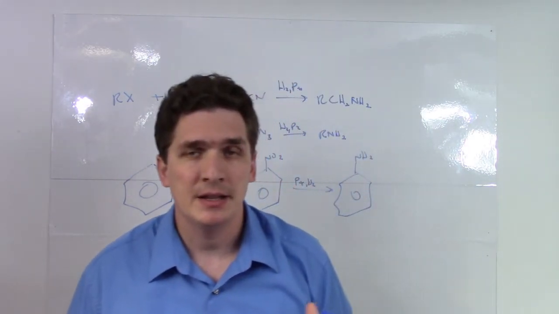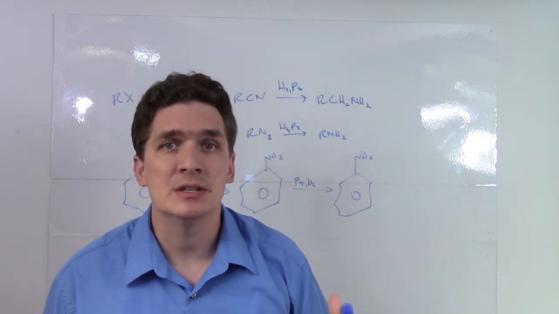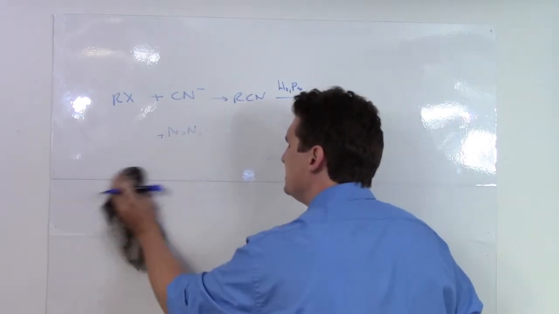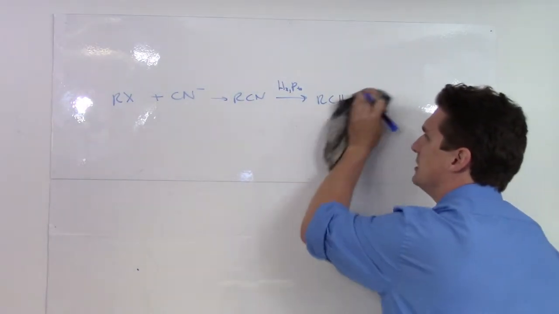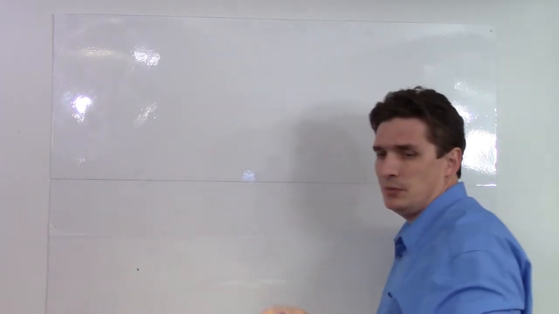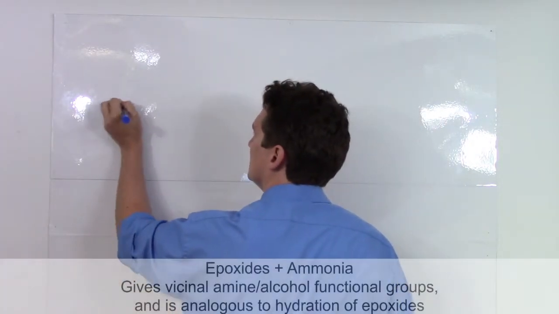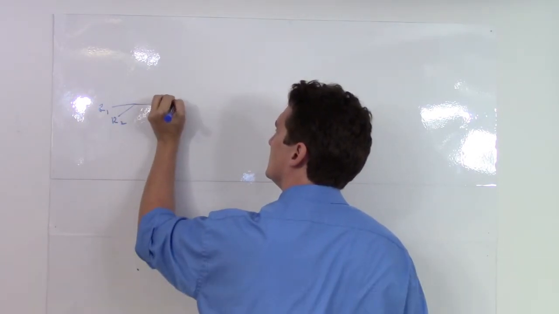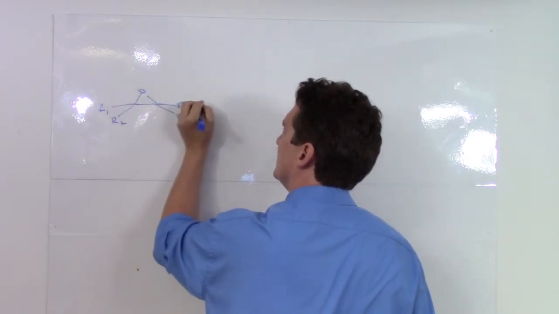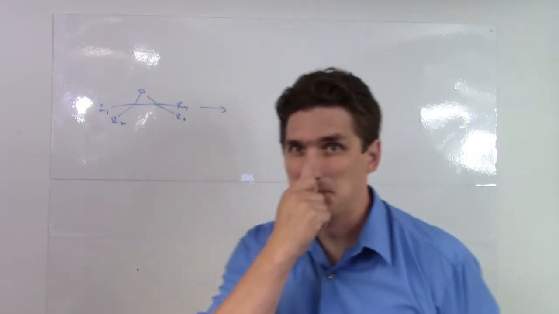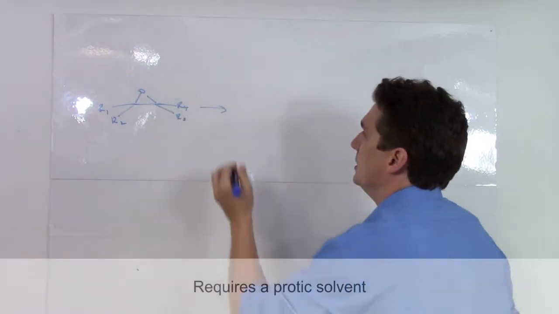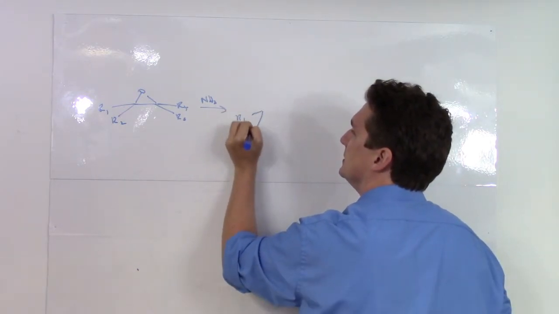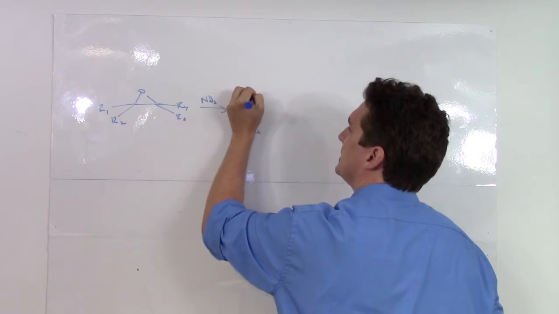Now, there is another way, and this is something that I haven't talked about in historical videos, and this is an epoxide. So let's say we make an epoxide. And the advantage of this is that if we do use the epoxide, we're going to end up with an alcohol. Well, we can take our epoxide, and as long as we have a solvent that is protic to allow us to do this, we can add NH3, and the NH3 will actually add in an anti fashion.